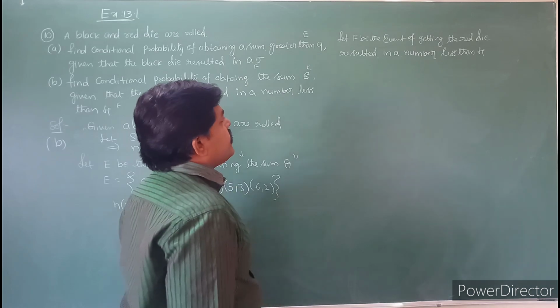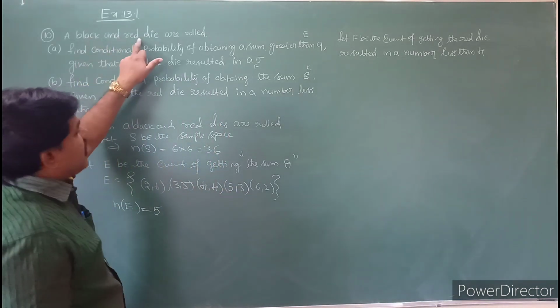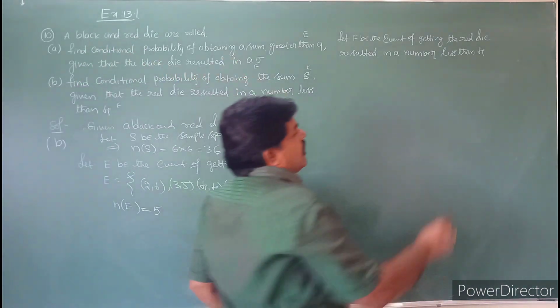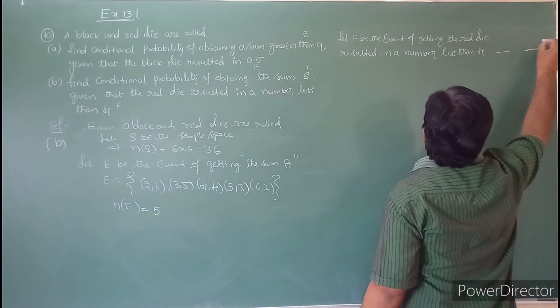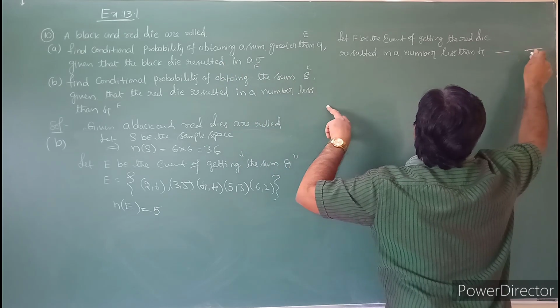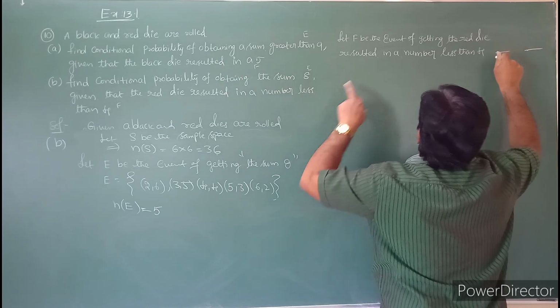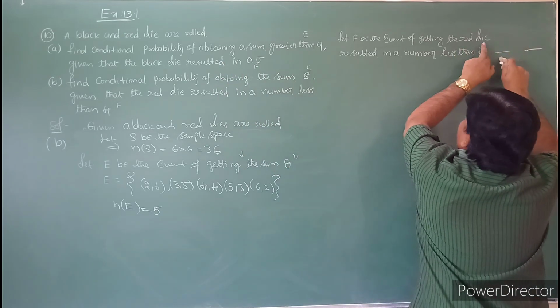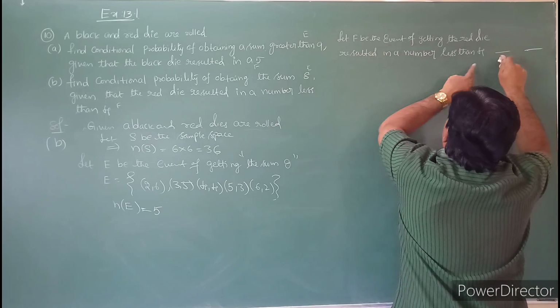See here, students, the first one is the black die and the second one is the red die. The restriction is that the red die resulted in a number less than 4.